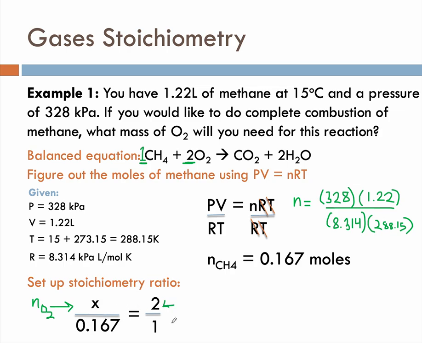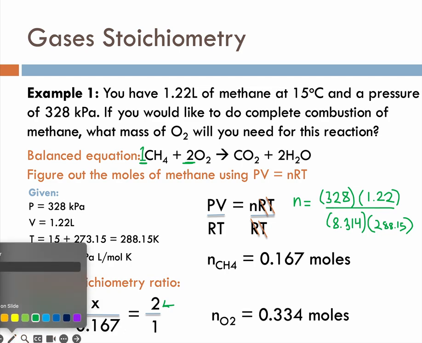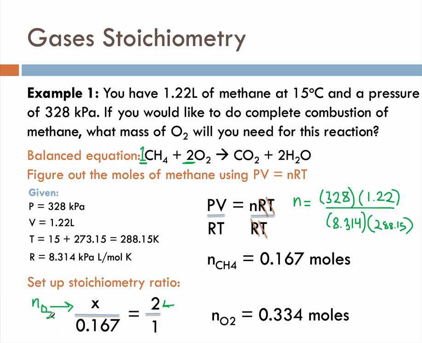Pretty quick to rearrange this for x, we're just going to multiply both sides by the 0.167. I can show you that. So we multiply both sides by the denominator here. You've done this lots. Multiply by 0.167, and that's going to kill out my denominator here.